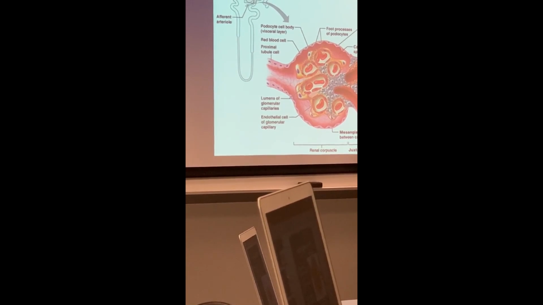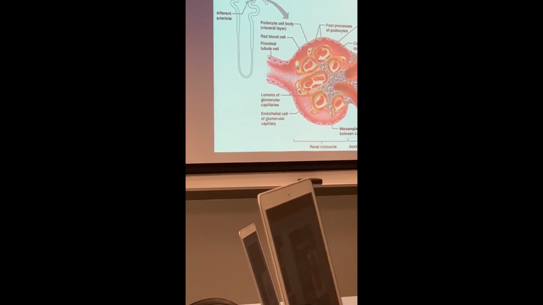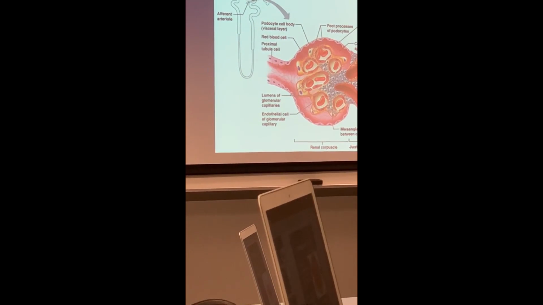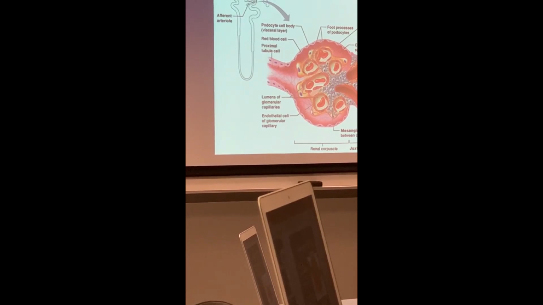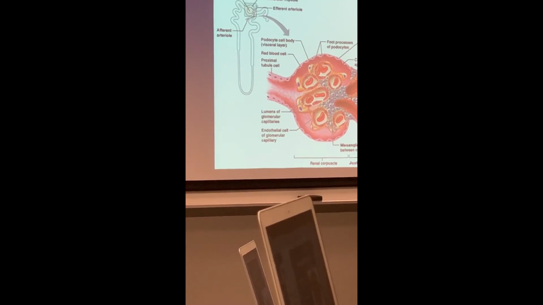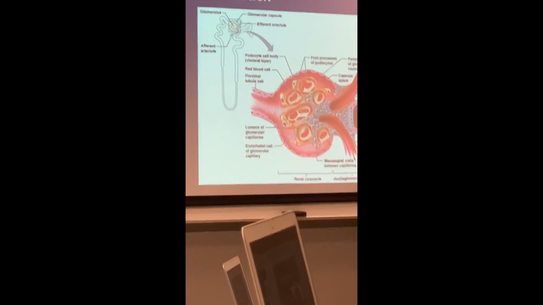Okay, so what would it do? It would cause these cells to dilate and increase blood flow into the glomerulus. And that would increase the hydrostatic pressure in the glomerulus, which would increase the net filtration pressure, and increase the glomerular filtration.